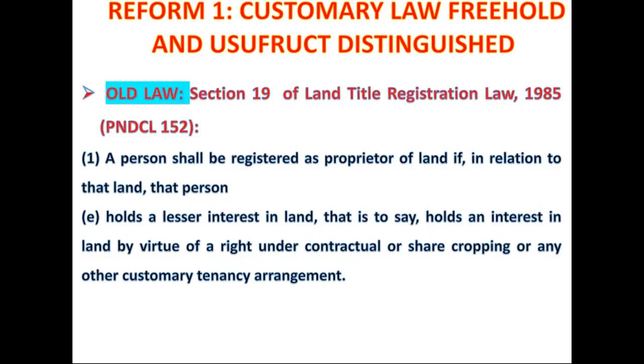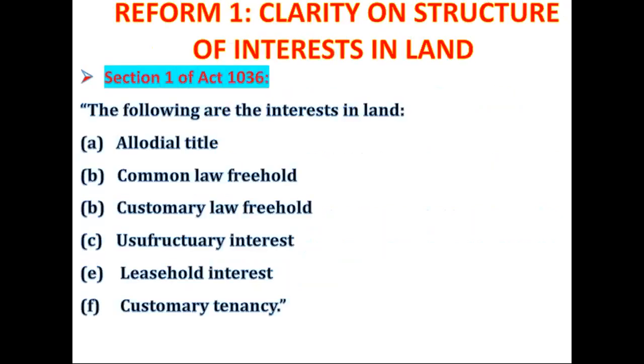So, Section 1 of Act 1036 says the following are the interests in land: A, allodial title; B, common law freehold; C, customary law freehold; D, usufructuary interests; E, leasehold interests; then F, customary tenancies.